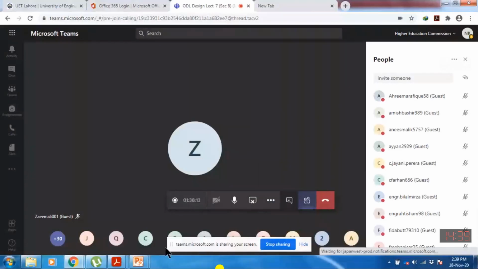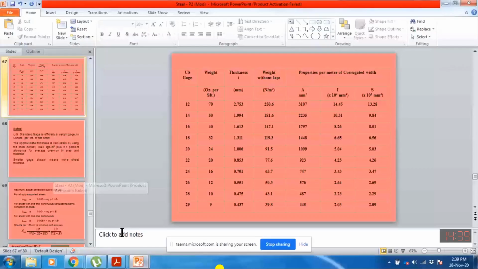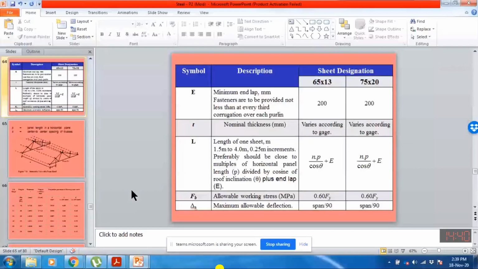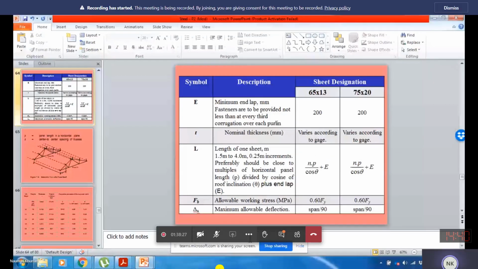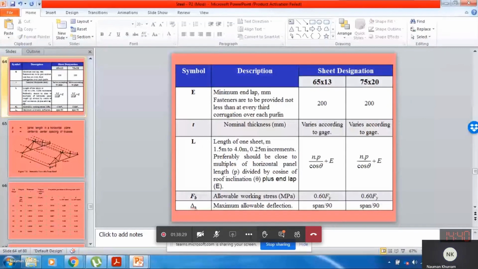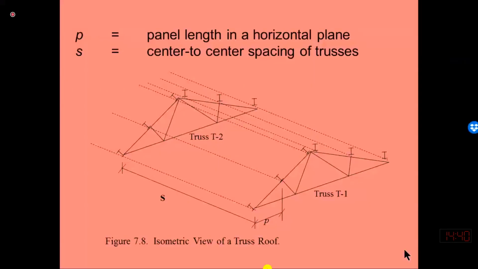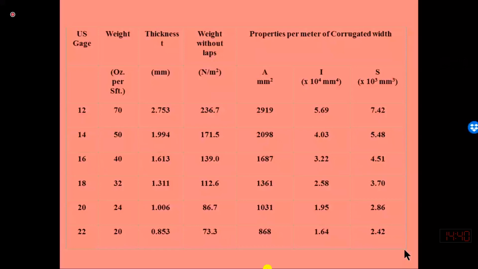Okay, before the break, I was discussing the terminologies pertaining to roof sheet design. If you open the LRFD manual, around page number 88 onwards, you will have some tables for different types of GI sheets.